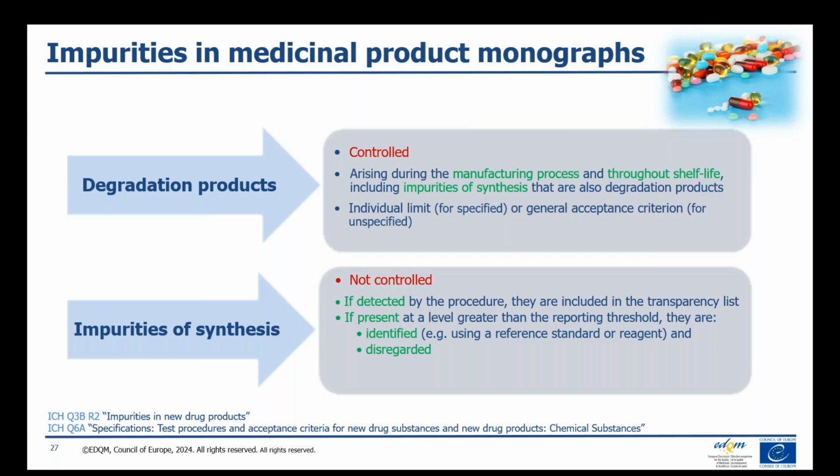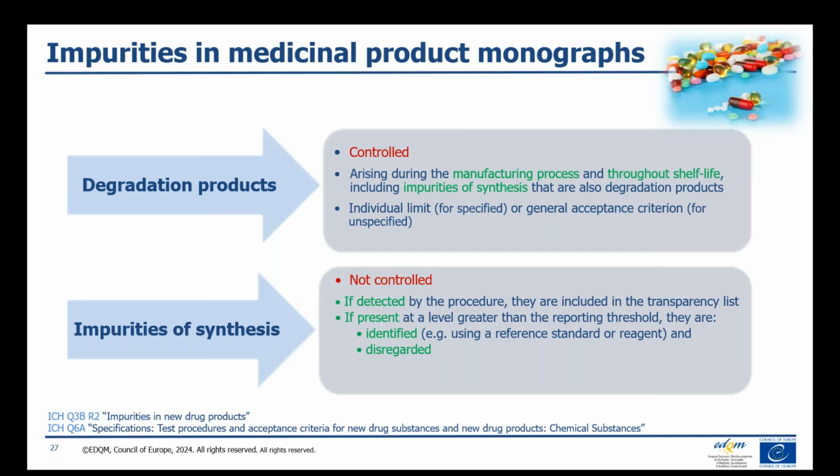So all degradation products are controlled, usually also via an LC method, and degradation products are defined as all impurities which arise during the manufacturing process and throughout shelf life, and it also includes the impurities of synthesis that are also degradation products.